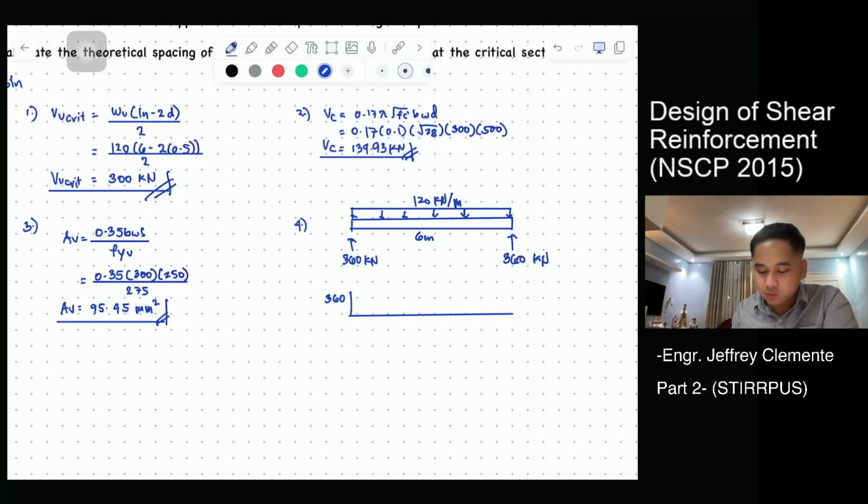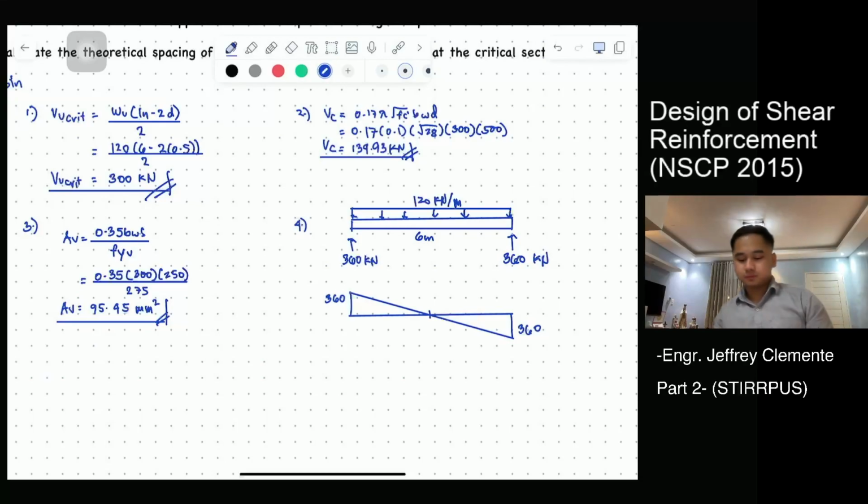So, bababa ka ng 720. Tapos, tataas ka ulit kasi kailangan mo tumaas para mag-0. So, tataas ka. So, this is 360. Of course, this is 3 meter. Diba? So, this is the shear diagram, V diagram.